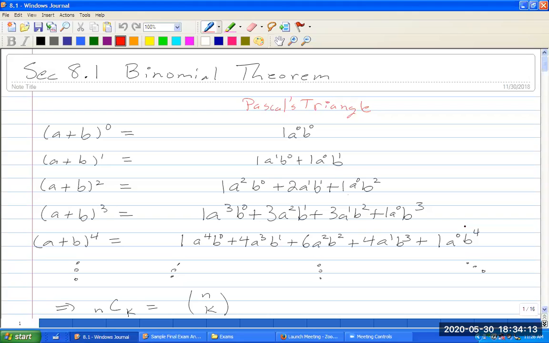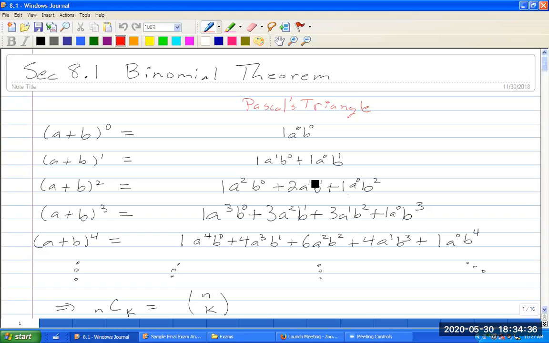So now, notice the following. I can put ones here just to make it look nice. And for the ones that I start here, I'll put in B zeros and A zeros on this side. And if I have an A or a B, I'll put A to the first and B to the first. Okay.